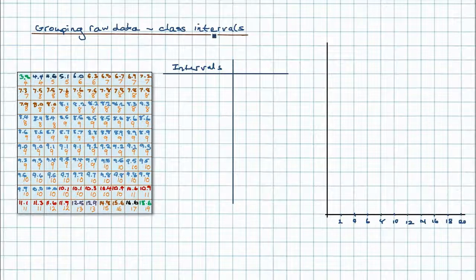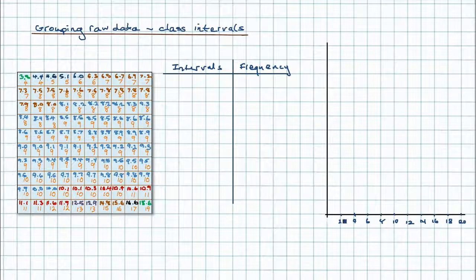And this column will be our frequency. So let's just call it frequency. Okay, now it's just a case of transferring the data into our table and then using the table to complete our graph.